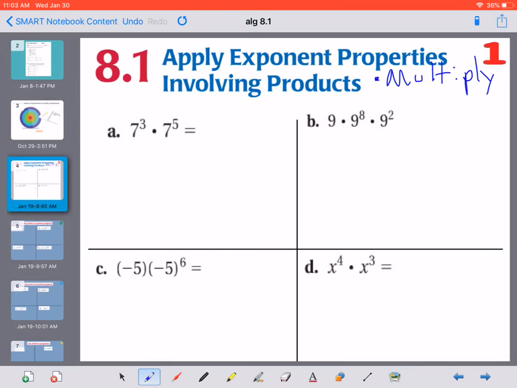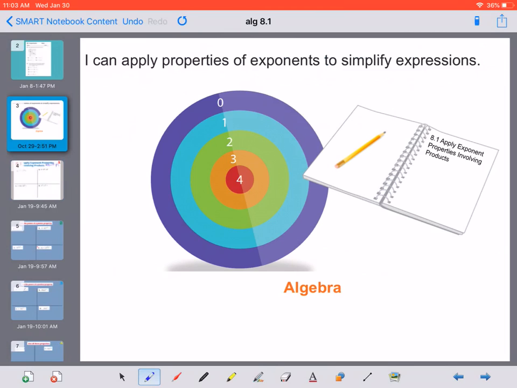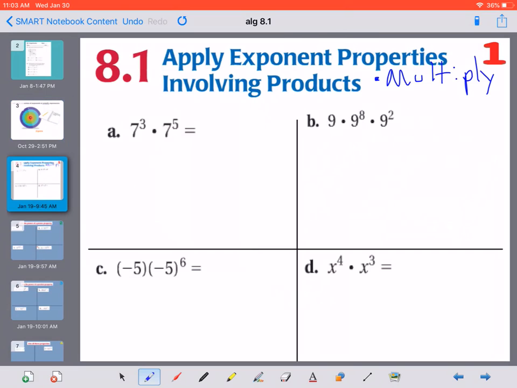When we are multiplying exponents, I don't want you to multiply everything completely and get a giant number. If we go back to the learning target, this says we want to simplify expressions, not solve. So if we go to this first one here, we have 7 to the third power times 7 to the fifth.